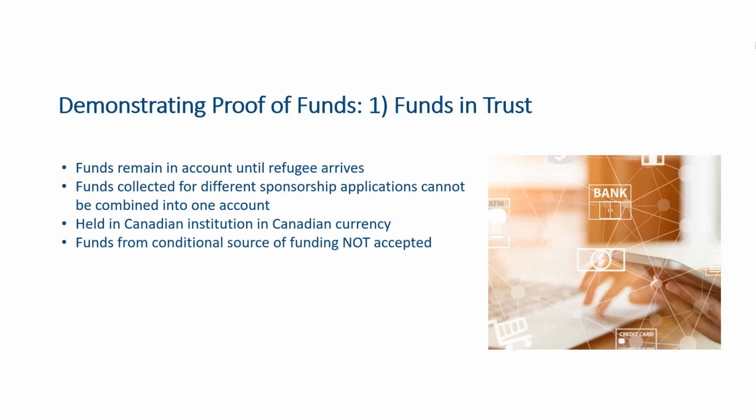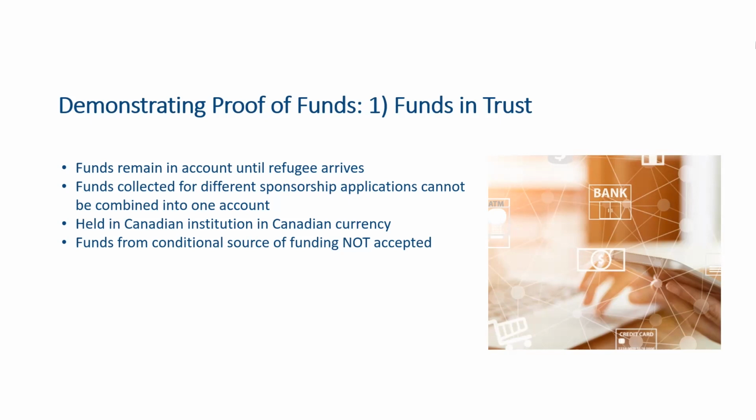If they come to you and they say, yes, I have the $16,500, I just took a loan out last week, or I've remortgaged my house, and I was able to get the money that way, those funds will not be accepted because they're conditional. Because they're predicated on a loan, those sources of funds will not be accepted. The funds cannot come from conditional sources of funding.